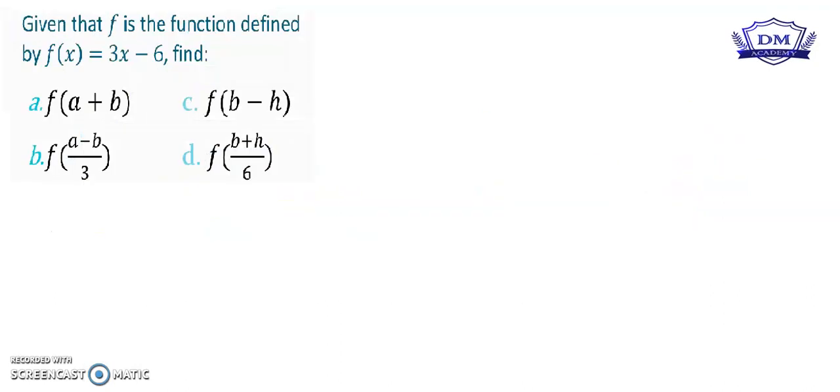Given that f is the function defined by f of x is equal to 3x minus 6, we will find f of a plus b, f of a minus b over 3, f of b minus h, and f of b plus h all over 6. These are expressions that we are going to substitute into our given function. So let's solve.